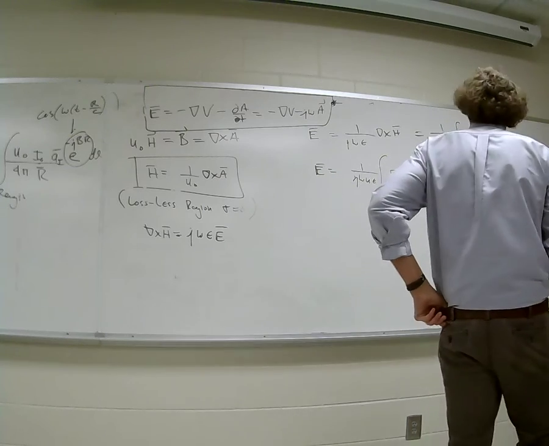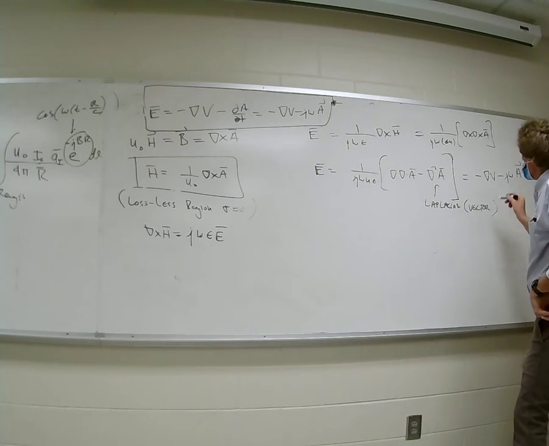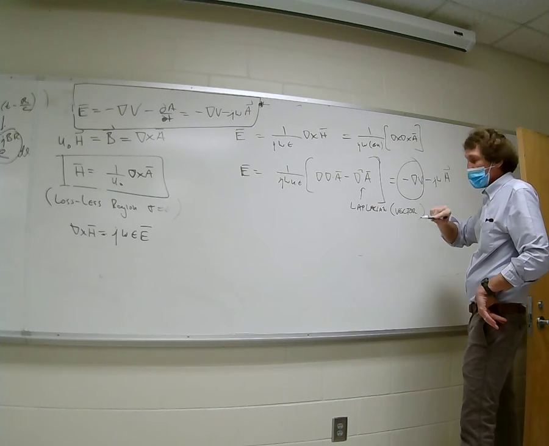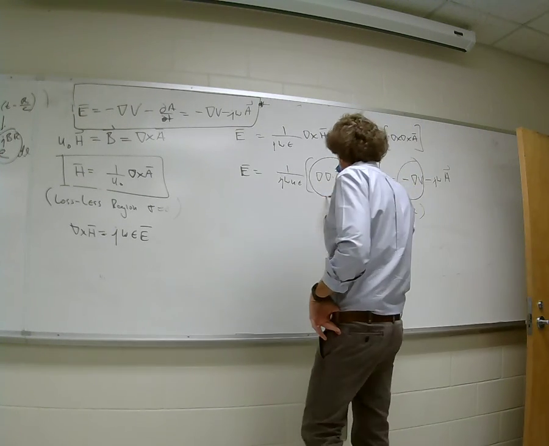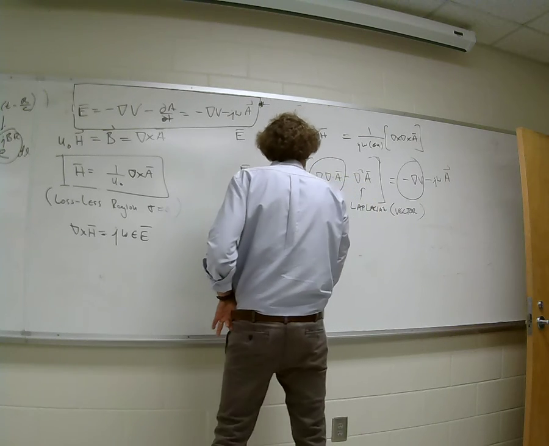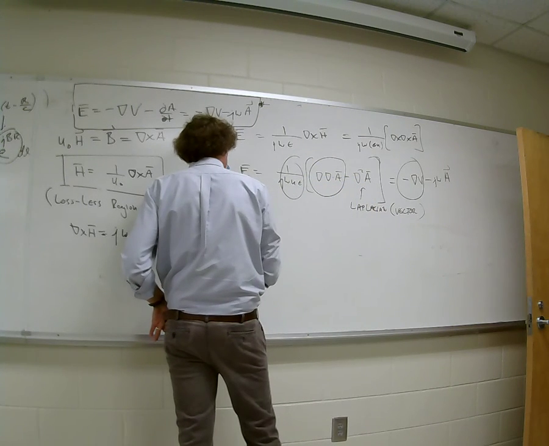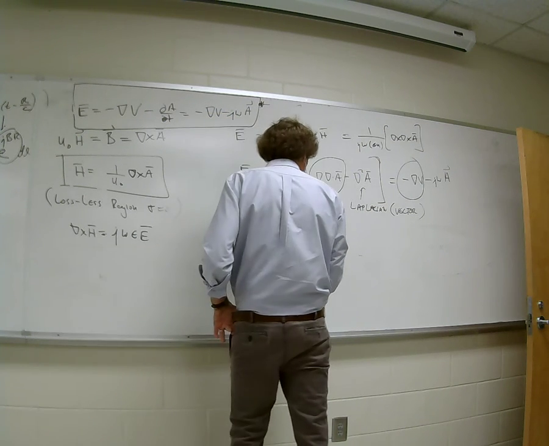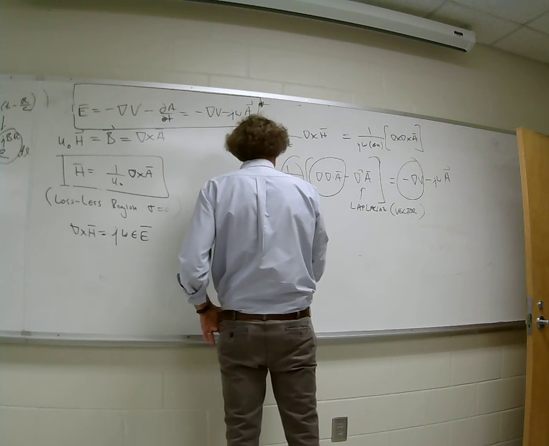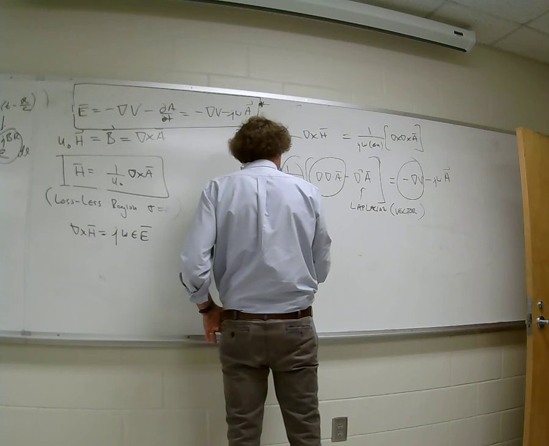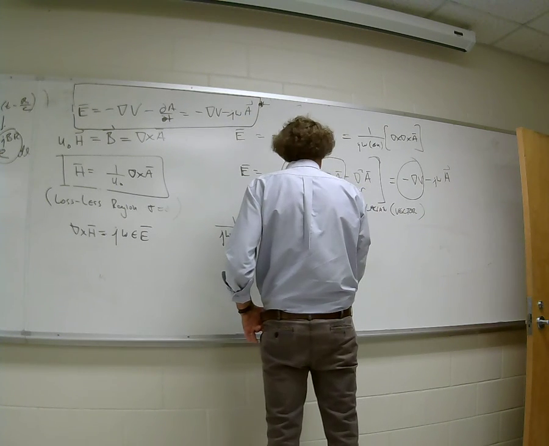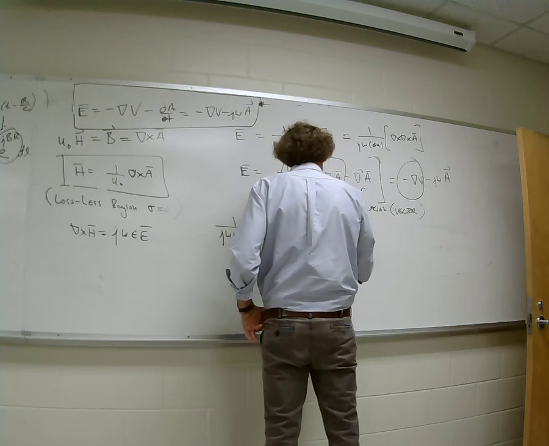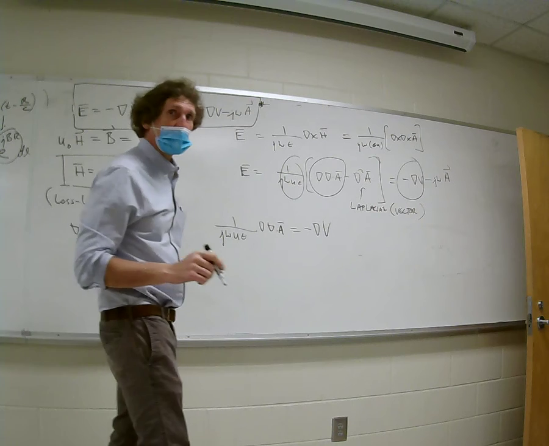So if you take a look at this right here, what they're going to do is set this right there equal to this, including this. So they say 1 over j omega mu epsilon, right there, times the gradient of the divergence of A is equal to minus the gradient of V. Y'all follow me when I did that?